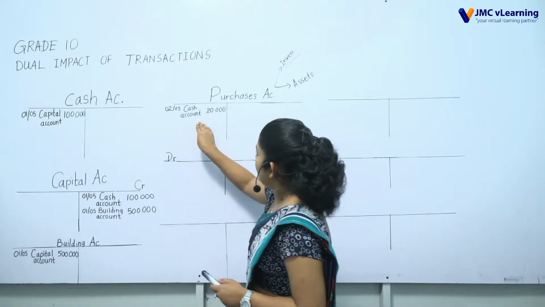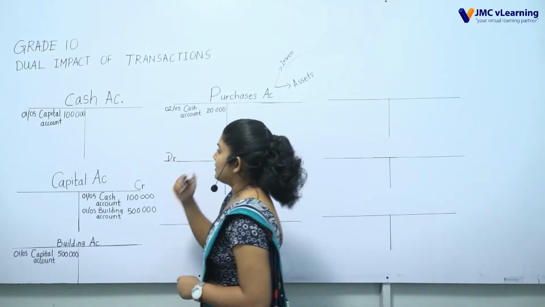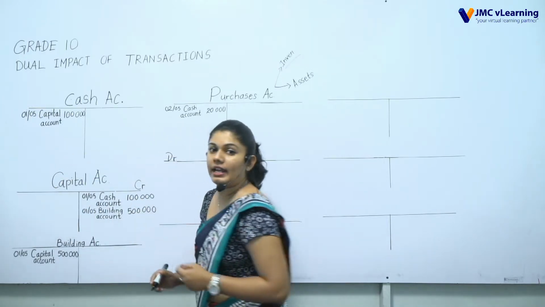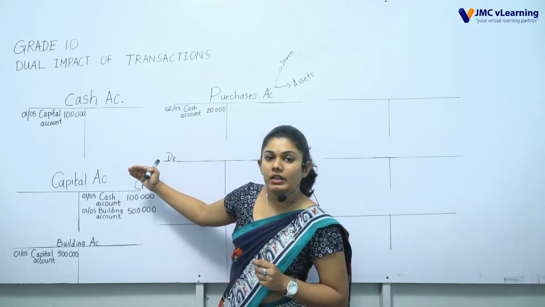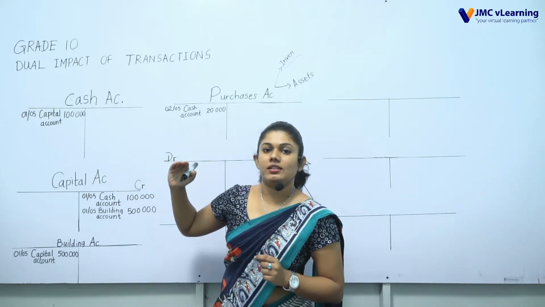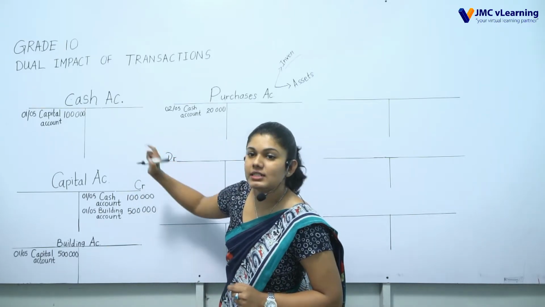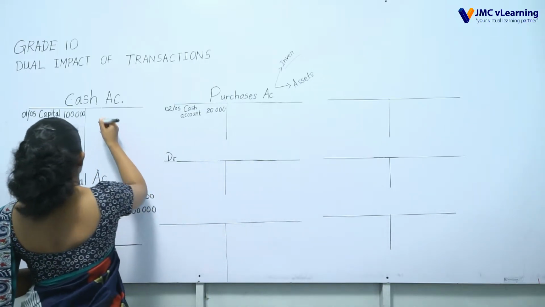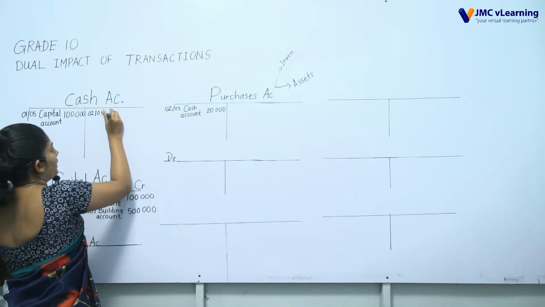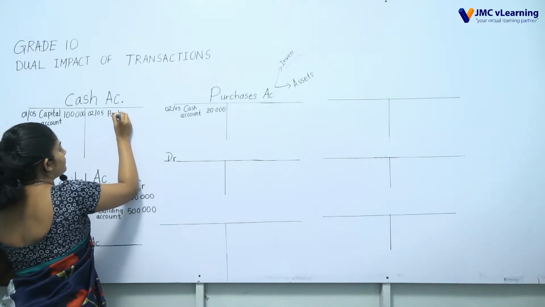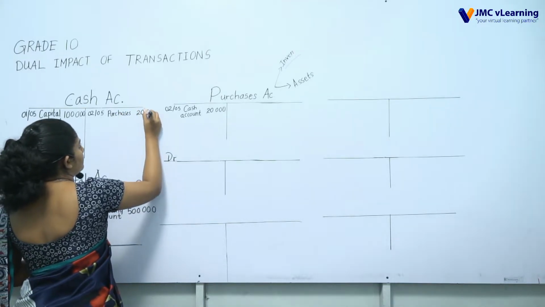So, the other impact is going to the cash account, but not the debit side, the credit side, because the cash amount is decreasing. Cash is an asset. When an asset value is decreasing, we record it in the credit side. So, 2nd of May, purchases, 20,000.